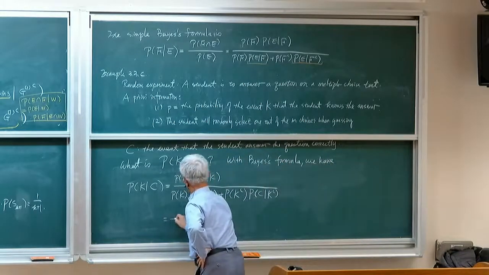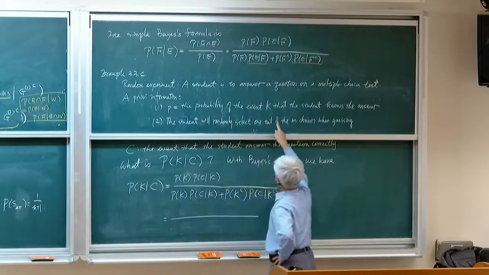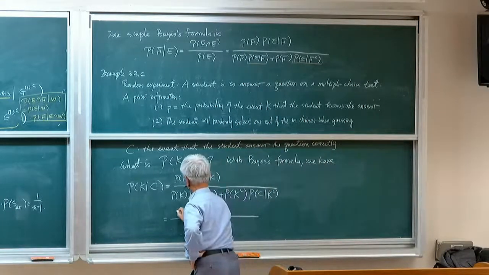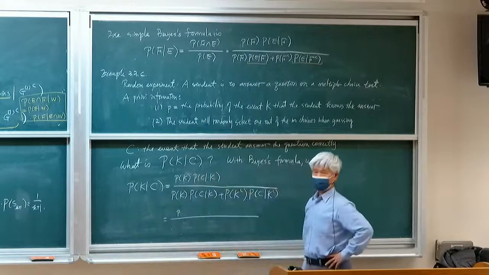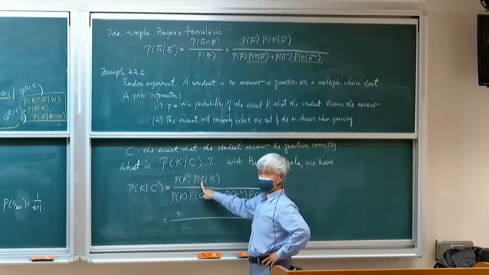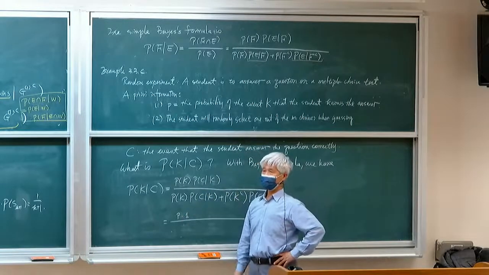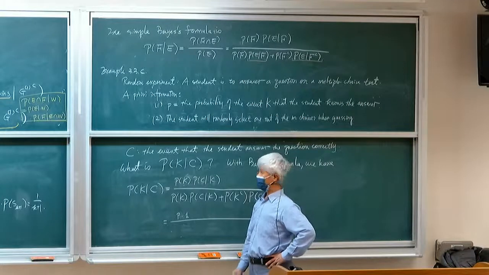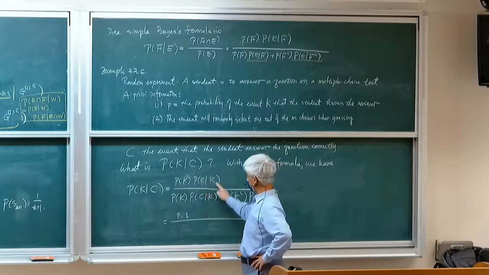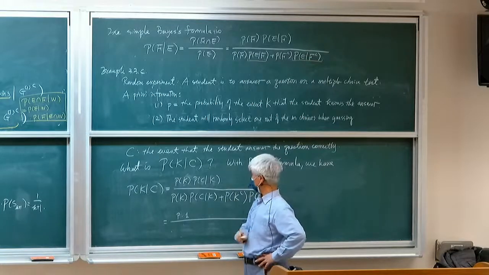Okay, and probability of K, by applying prior information, the probability of the event K is little p here. And because the student knows the answer, of course the conditional probability should be 1. Right? Because if the student knows the answer, of course the student will answer the question correctly, right?